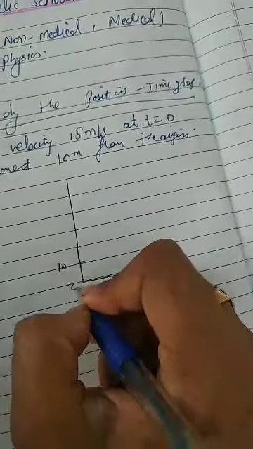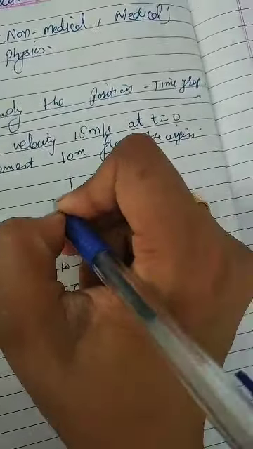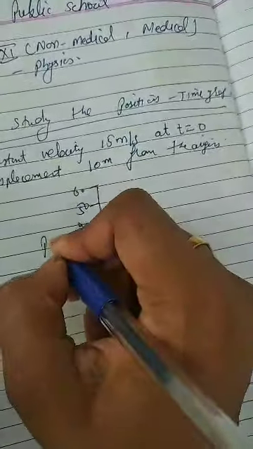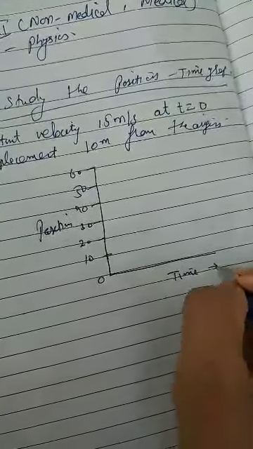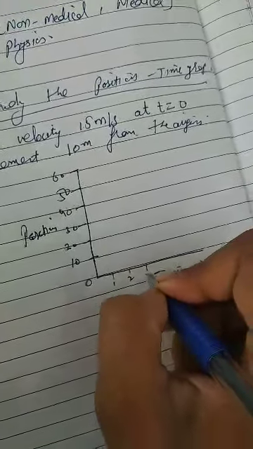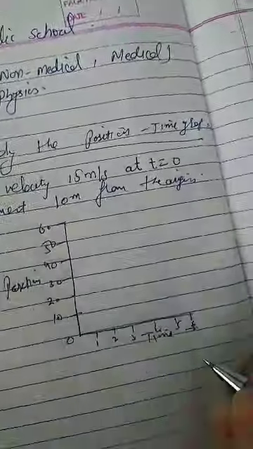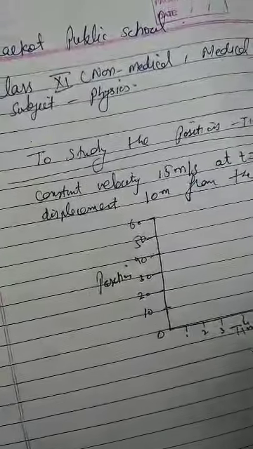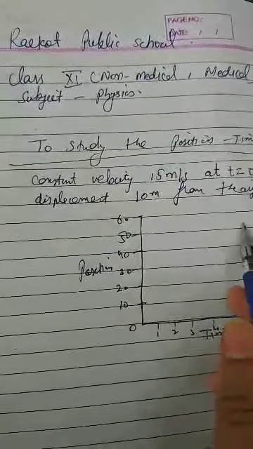Let 0, 10, 20, 30, 40, 50 and so on along this side, it is the position. Along this side it is the time. Let it be 1, 2, 3, 4, 5, 6. Clear?